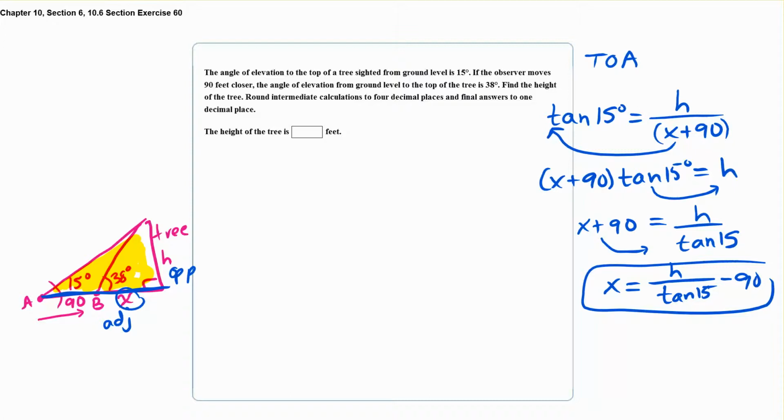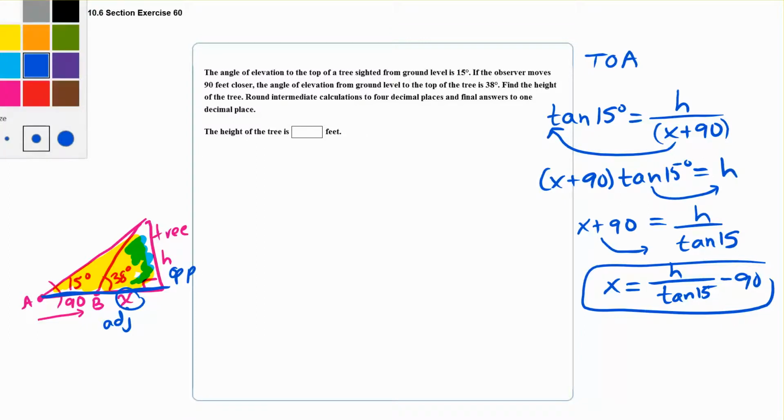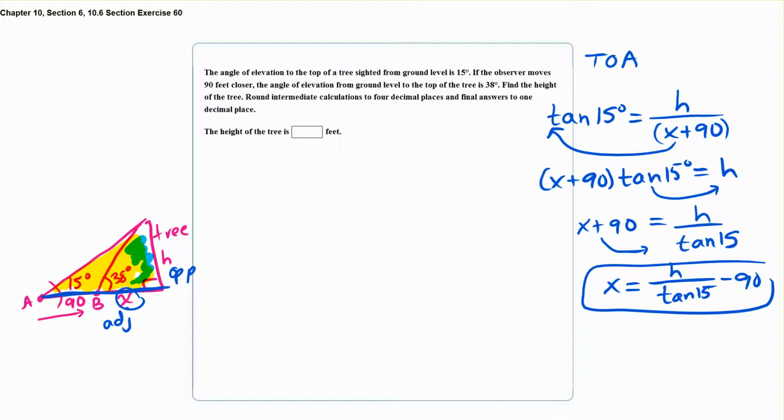But to get anywhere, I'm going to now look at the other right triangle that's created when the person moves closer to the tree. So now the angle of elevation is 38 degrees, and I still have opposite and adjacent. So for that one, I have tangent of 38 degrees equals the opposite h over the adjacent, which in this one is just x.